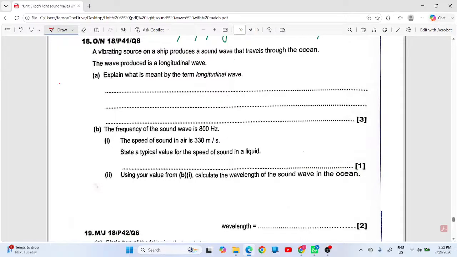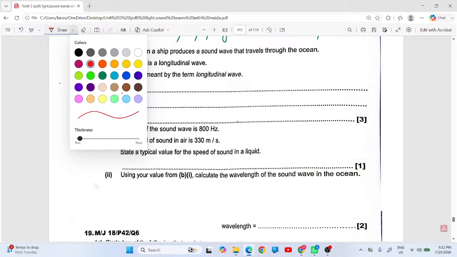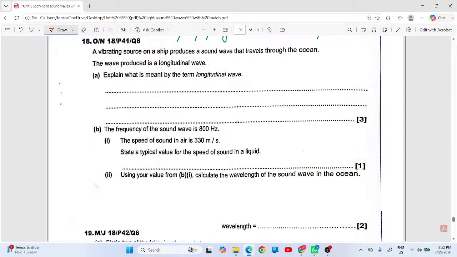It has compression and rarefaction both in it, and the particles vibrate. In which way do they vibrate, parallel or perpendicular? In a longitudinal wave, the particles vibrate parallel.